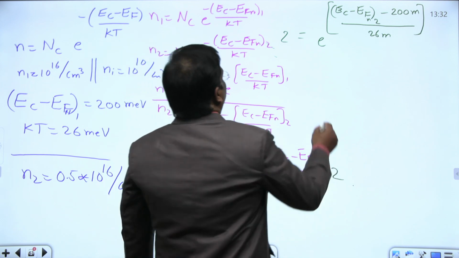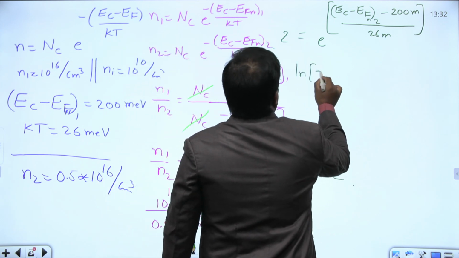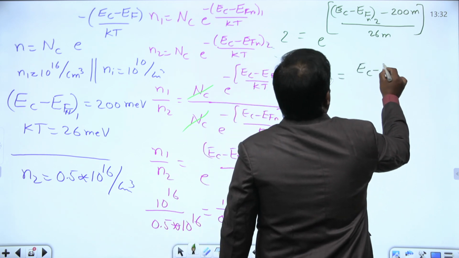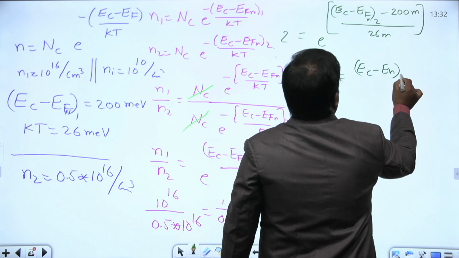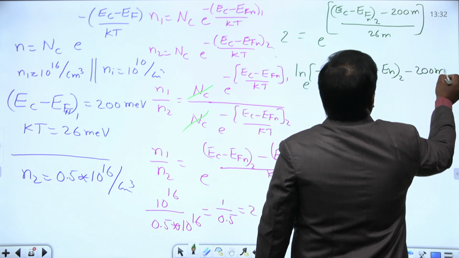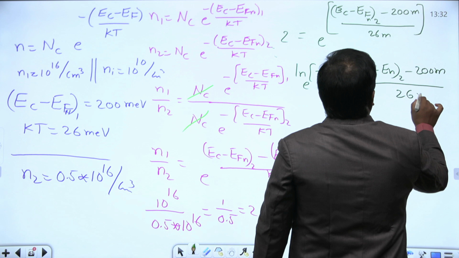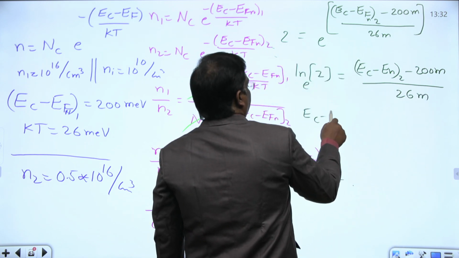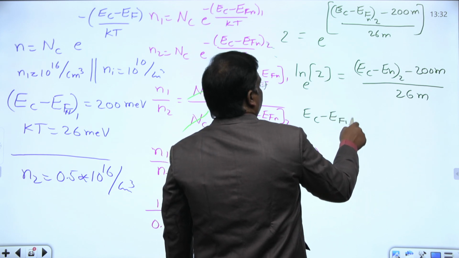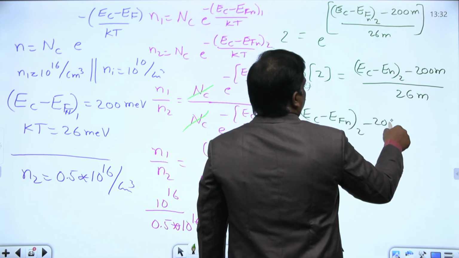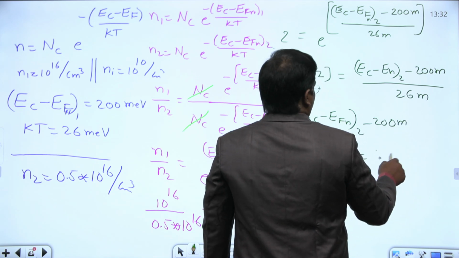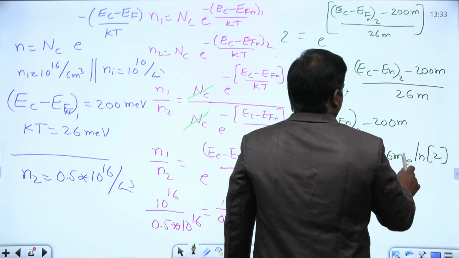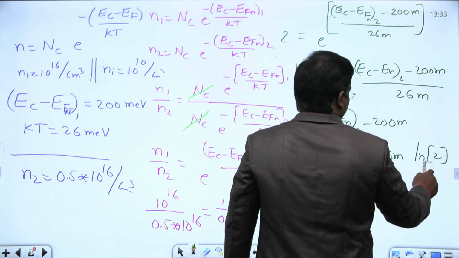Therefore ln 2 base e equals (Ec minus Efn of the second minus 200 milli electron volts) divided by 26 milli. Multiplying by 26 milli, Ec minus Efn of the second minus 200 milli equals 26 milli into ln 2 base e.